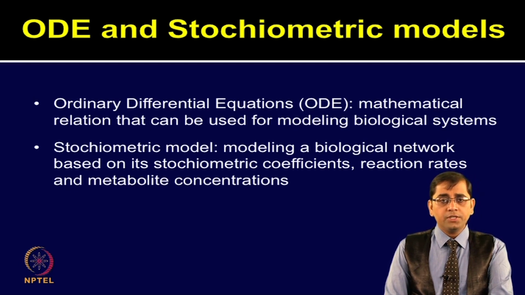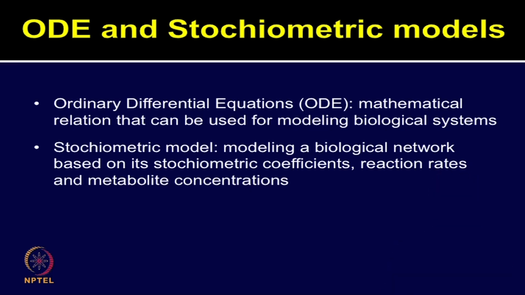To develop computationally efficient and reliable models of the underlying gene regulatory networks, these ODE models could be used. The stoichiometric model is a model of a biological network based on its stoichiometric coefficients, reaction rates and metabolic concentrations.